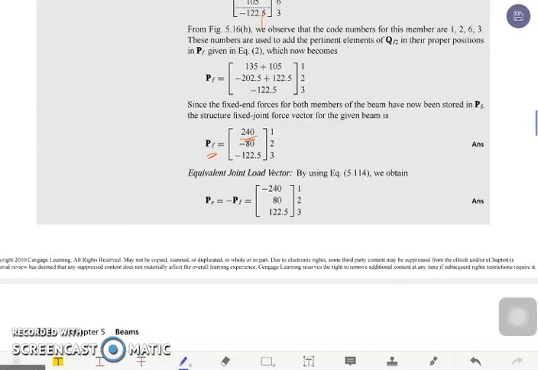So this would result in negative 240, this one would result in positive 80, and this one will result in positive 122.5. So you now have the value for the structure fixed joint force vector and your equivalent joint load vector.